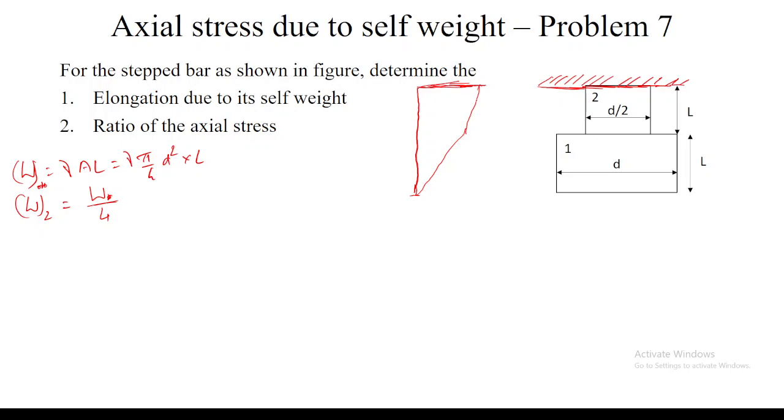Gamma is rho into g. Can anyone say what will be the reaction at point A? 5W by 4. This is W by 4 and this is W. So the reaction will be W plus W by 4, which will be 5W by 4.